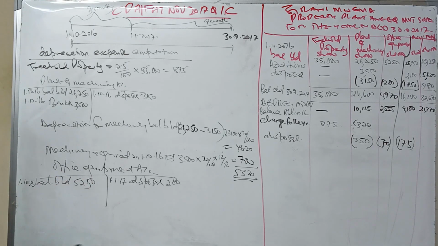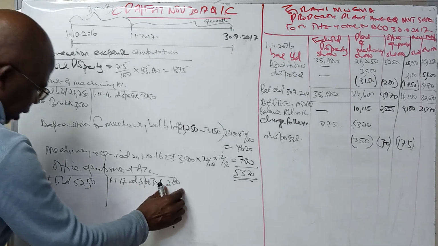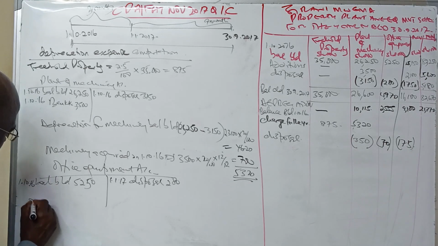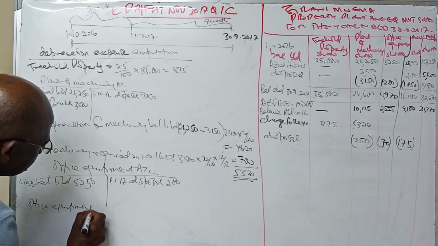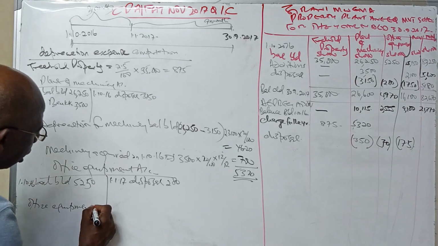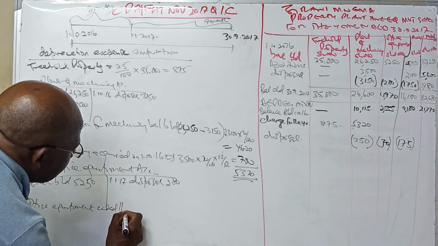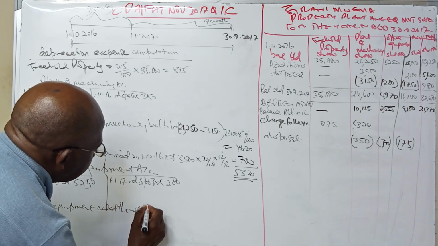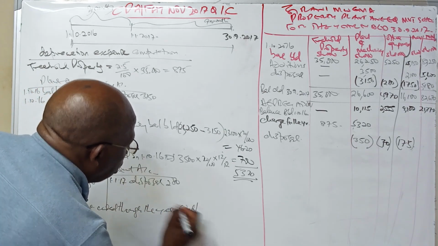And therefore, the ones which we had at the beginning of the year and used through the year, it is this amount minus this. So, depreciation of office equipment used through the year, that's what we are computing.